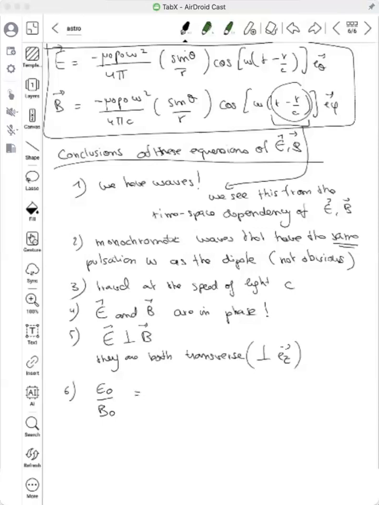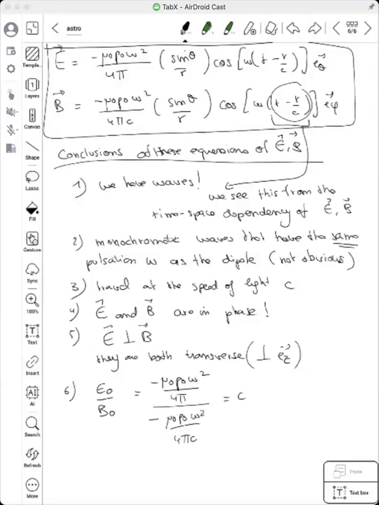I'm going to neglect this sign for a second, but it's mu 0 P0 omega squared divided by 4 pi, divided by mu 0 P0 omega squared divided by 4 pi C. Okay, this is C. So actually, E0 is equal to C B0.